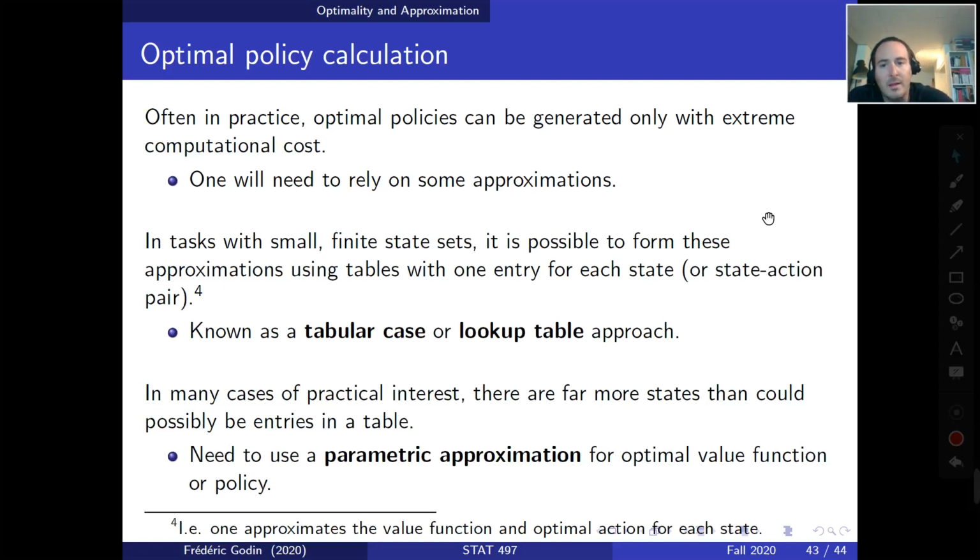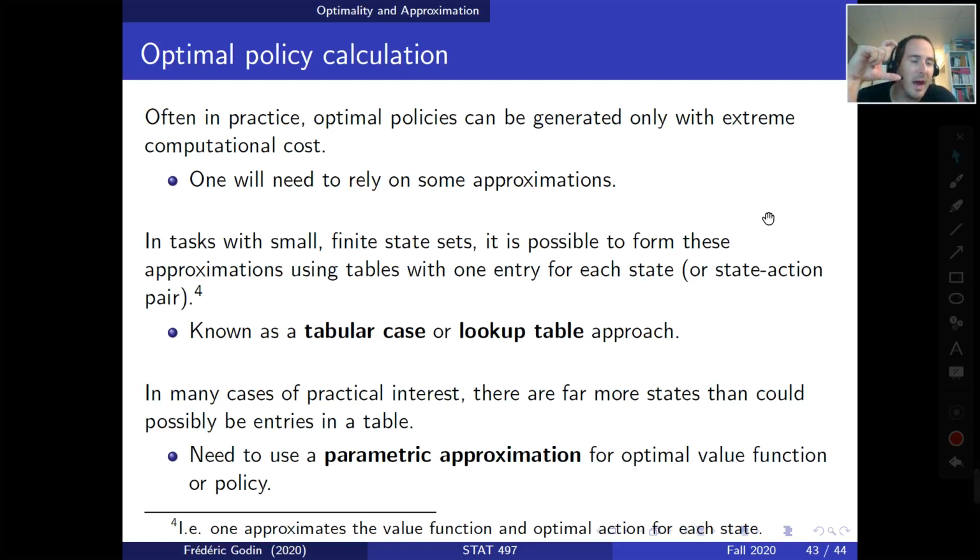Okay, so when the number of states is very small, the value function is often represented through what we call a table, a lookup table, or sometimes the tabular case. It means that we can set up a table where each entry corresponds to the approximated value of the various states.